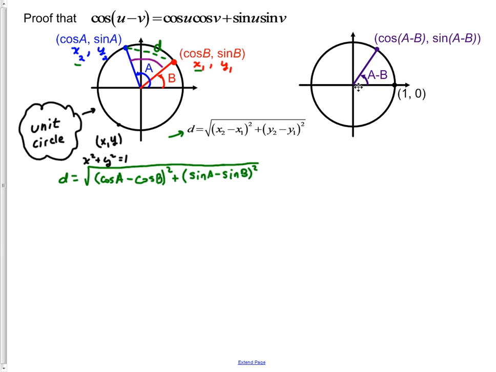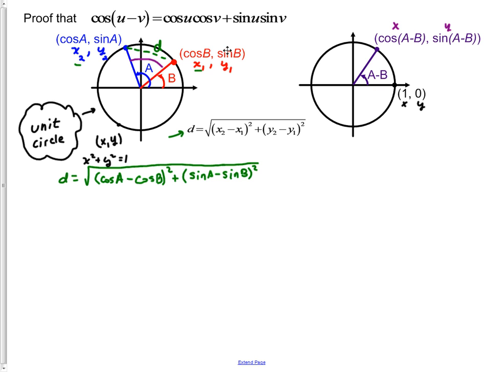What does that mean for us? Well, remember we're on a unit circle. So the x coordinate right here is 1, and the y coordinate here is 0 when we're right at this point along the x-axis. This other point over here, this is x, that's our cosine of A minus B, and our y coordinate is sine of A minus B.